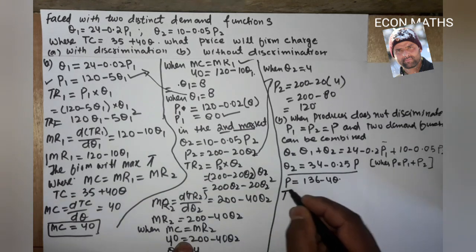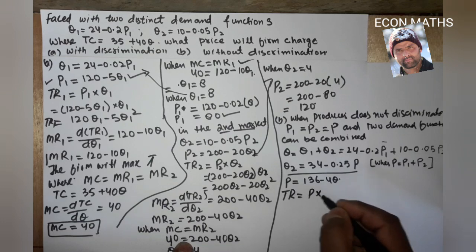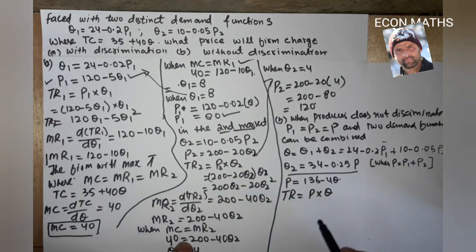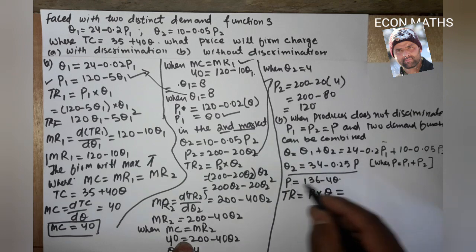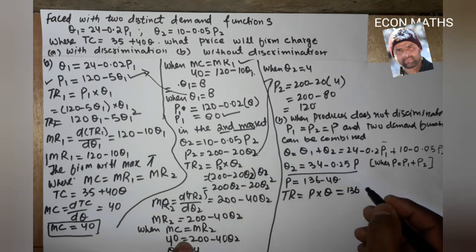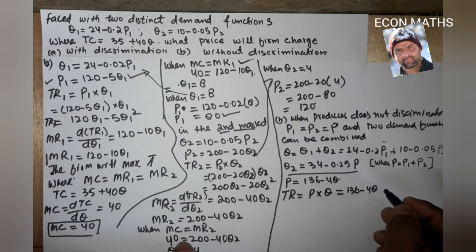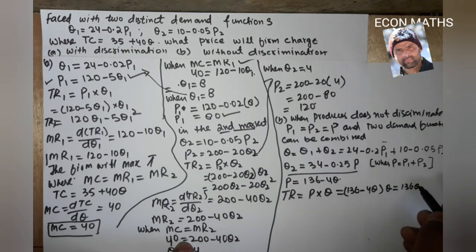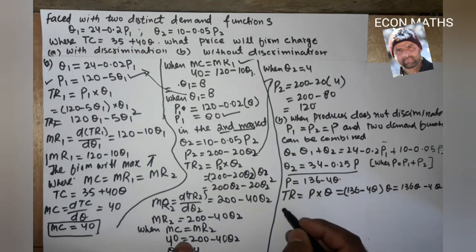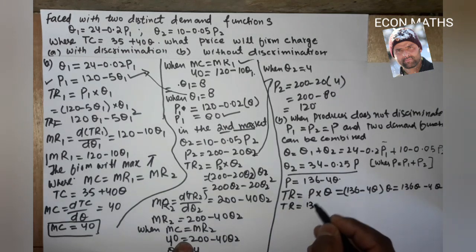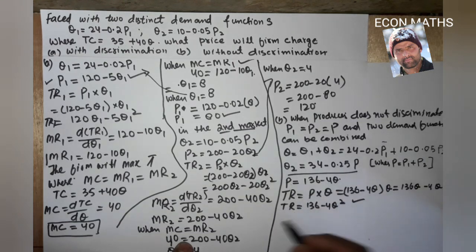Therefore, total revenue is equal to P into Q. Now our price function is given as 136 minus 4Q, into Q. So total revenue is equal to 136Q minus 4Q square. Now, taking the derivative, we will find marginal revenue.